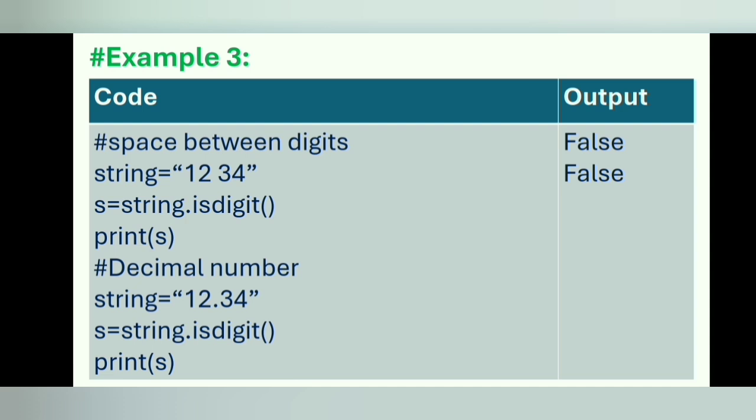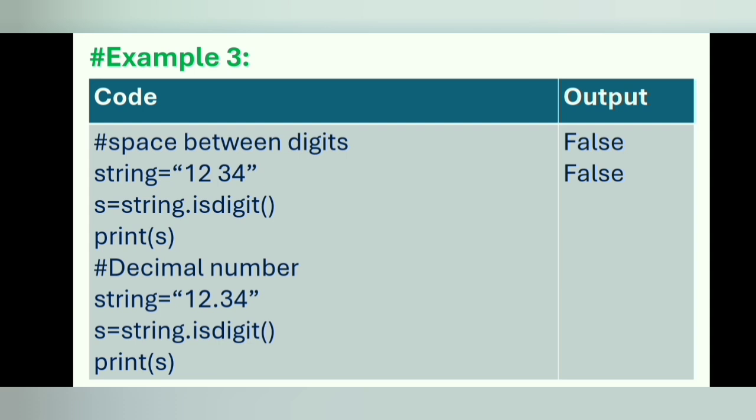In the following statement, we assign the string value 12.34 to the variable string. In the following statement, we apply the string isdigit method to this string. Then the print statement prints the boolean value. Here the output is false because all the characters in the string are not digits.